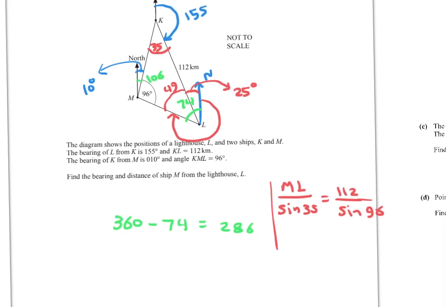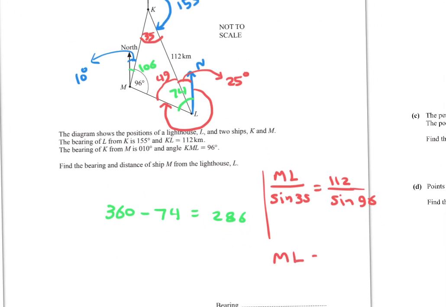Now cross multiply to find ML. So ML equals 112 sine 35 over sine 96, which is 64.6 to 3 significant figures.